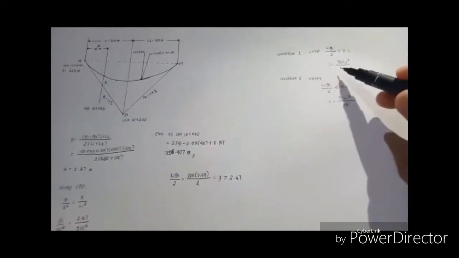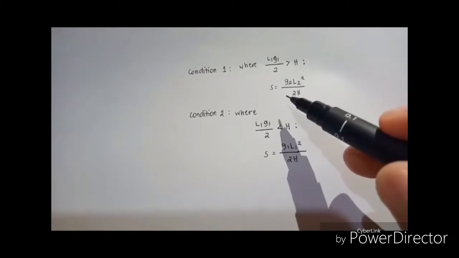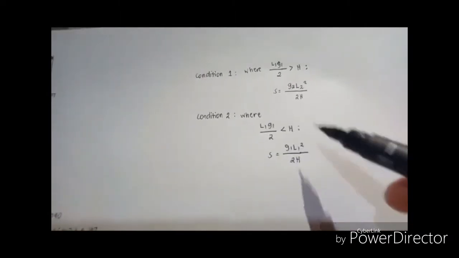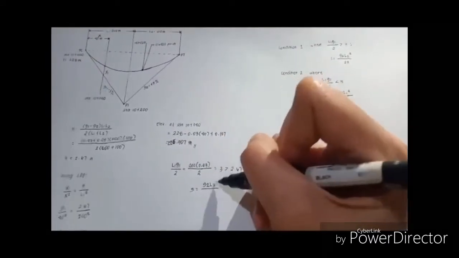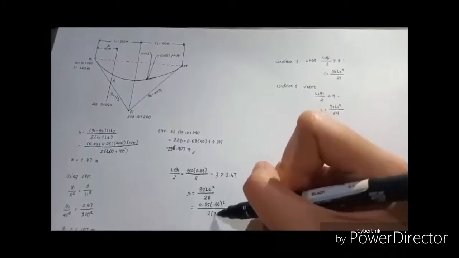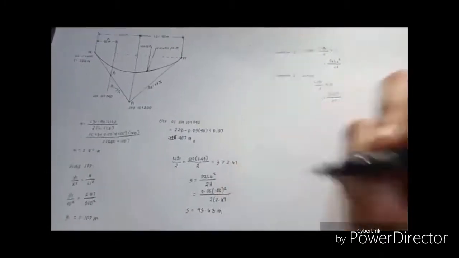Three is greater than 2.67, so we can now conclude that this formula S equals G sub 2 times L sub 2 squared over 2H. So the value of our S is 93.63 meters.